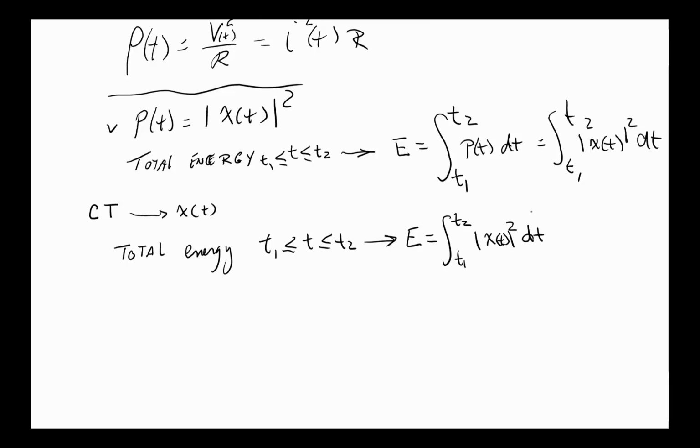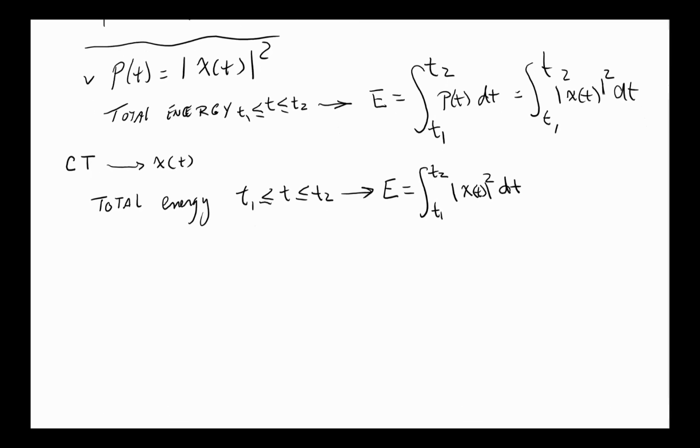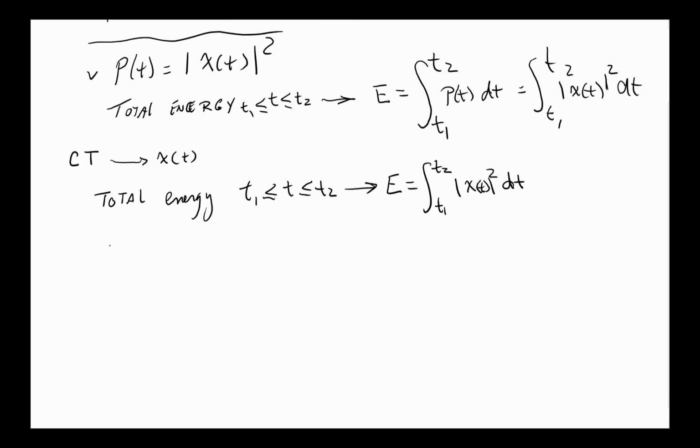Great. We can take this one step further. I'll come back in a minute and do that. But for the time being, that's energy. Now, how about someone says, what is the average power during this period of t1 to t2? So energy was the sum of all the power during this period.